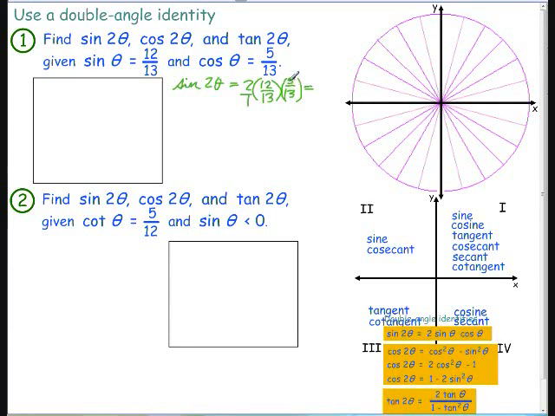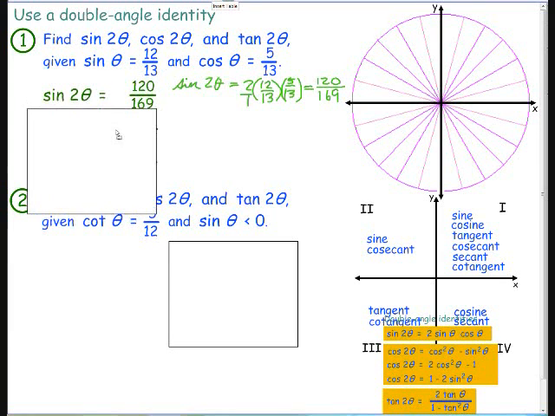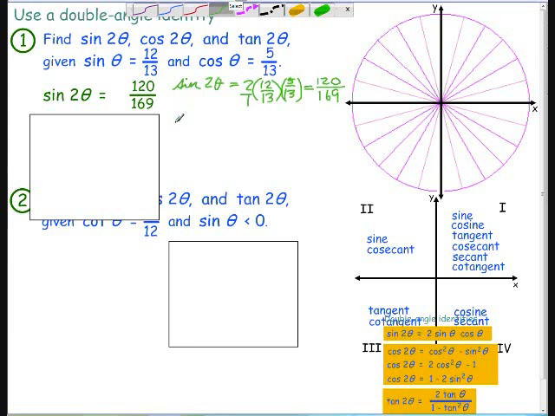So I end up with 5 times 2 is 10 times 12 is 120, and 13 times 13. Okay, so now let's reveal that. That's exactly what we had. Nice. And then we'll do cosine of double theta.